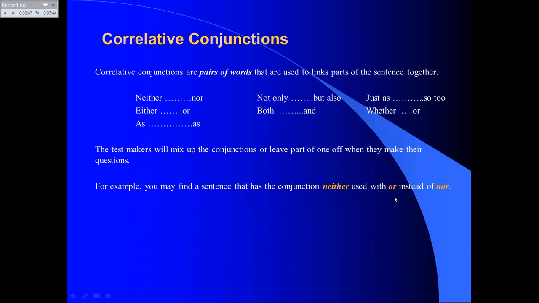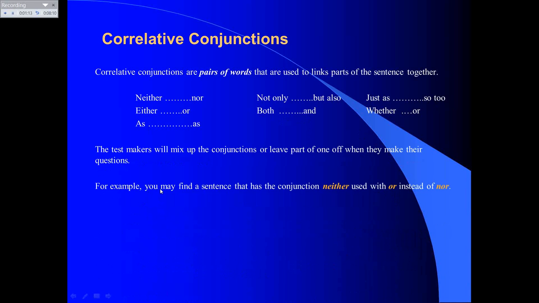The test makers will mix these up, or they'll leave part of one off when they make their questions. So you might find a sentence that has the conjunction neither, and it's used with or instead of nor. You have to look for that because your brain is going to fill in the answer real quickly because it knows what it should be, but you're not being evaluated on what it should be.